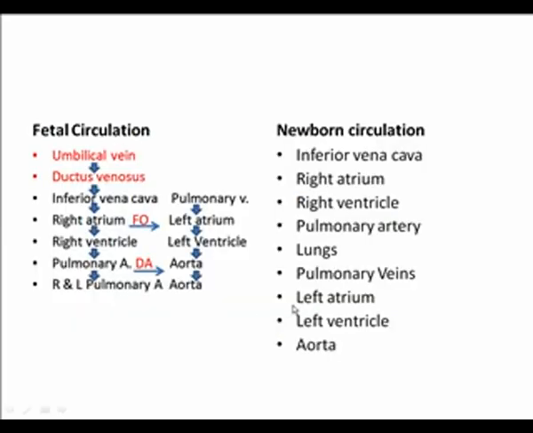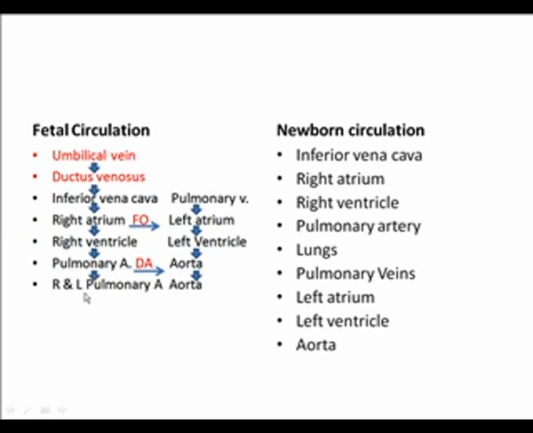So we can now talk about what happens as the fetus is born. In fetal circulation, the blood comes from the umbilical veins. It's actually just the left umbilical vein after a while. It goes through the ductus venosus to the inferior vena cava. From there, it can go in two different directions. One, that blood can go from the right atrium to the right ventricle to the pulmonary artery, and then most of that blood will go via the ductus arteriosus to the aorta and out to the systemic circulation.